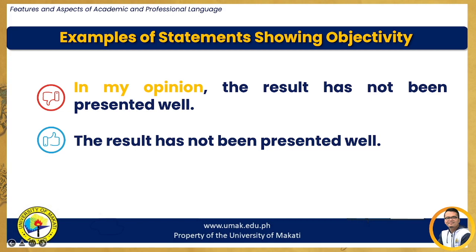Here are some examples of statements showing objectivity. Instead of writing, "In my opinion, the result has not been presented well," you should write, "The result has not been presented well."